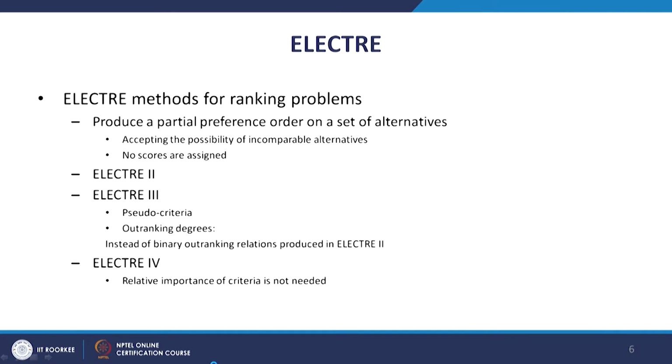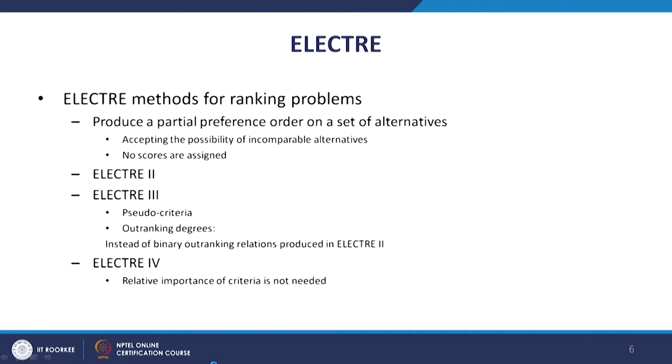Because this is about ranking, we need to have some sort of preference, but the preference might not be complete. This is also a particular issue with the outranking school of thought, something that we talked about in the introductory part of the course, that we might not get the complete ranking, and therefore the same thing is indicated here: produce a partial preference order on a set of alternatives.